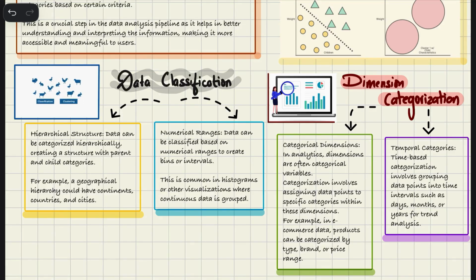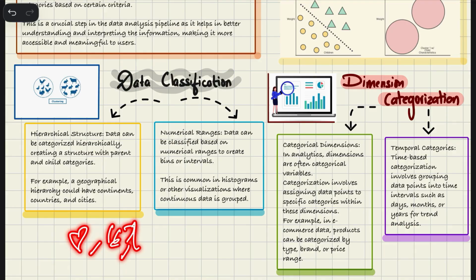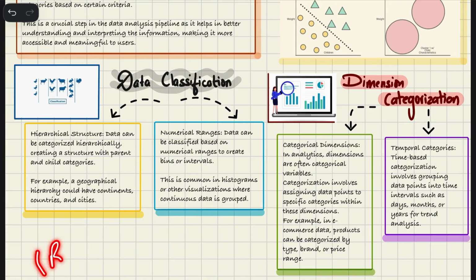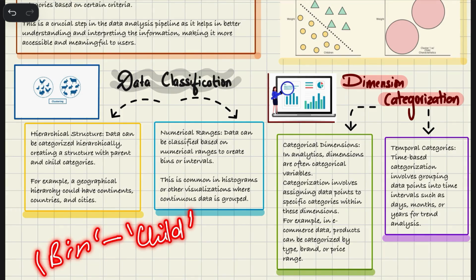For example, instead of forcing a machine learning model to analyze every single individual age, like 8, 16, 35, 72, we bin them into categories like child, then teen, then adult, and then senior. So we are binning them.